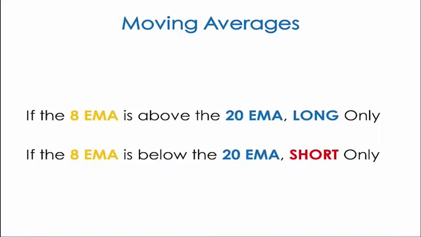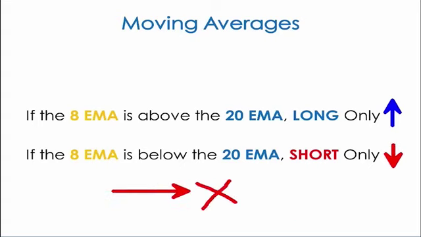Now, this is basically a bit of a summary for us, saying that if the 8 moving average is above the 20 moving average, long only. Long, of course, meaning buy. So 8 moving average above 20 moving average, that's when we want to be buying. And 8 moving average below the 20, that's when we want to be selling. Of course, if the market is sideways, leave it alone.